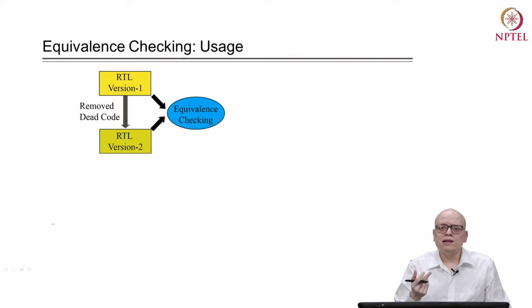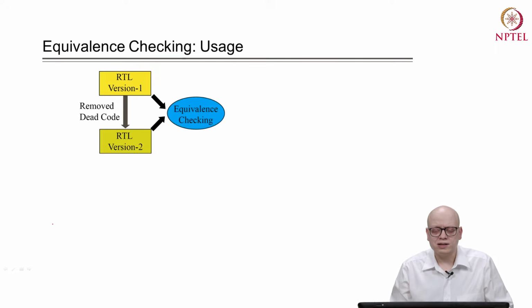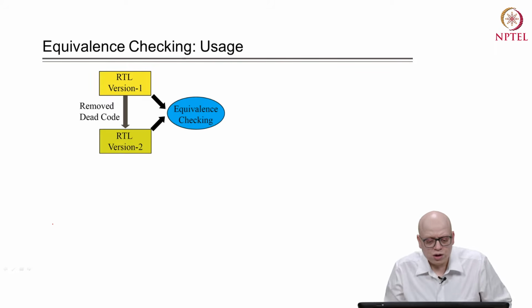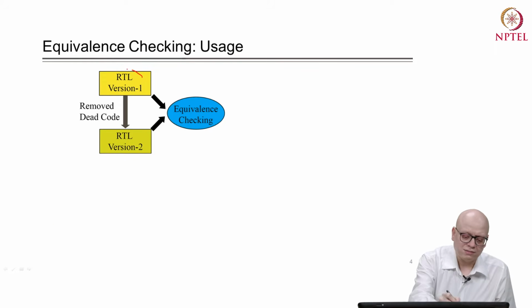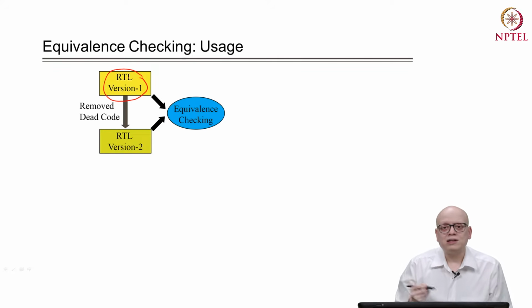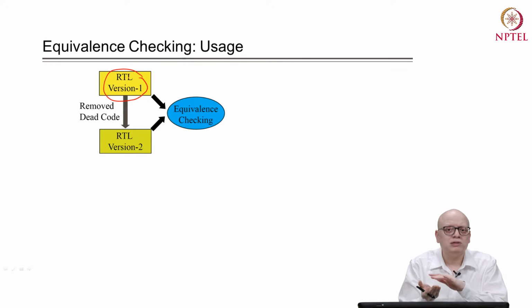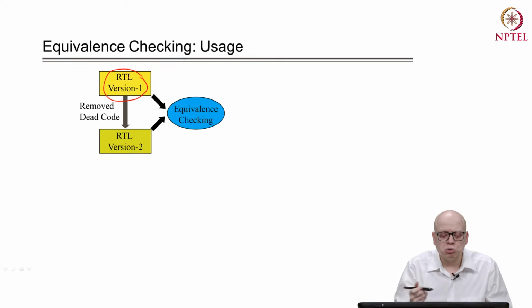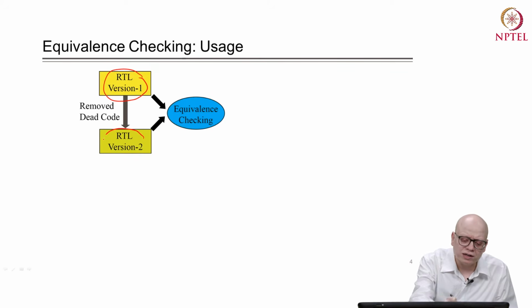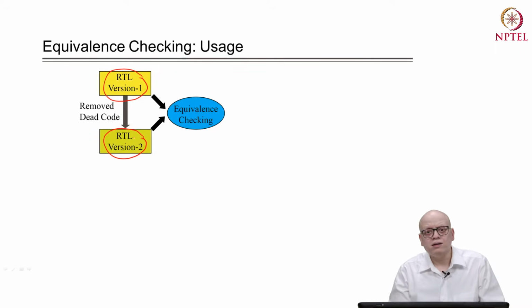A few examples where we carry out equivalence checking are shown in this slide. Say we have an RTL of version 1 and we make a change in the RTL. We decide that this part of the RTL is not doing anything, it is dead code, and we remove it, getting another version of the RTL.